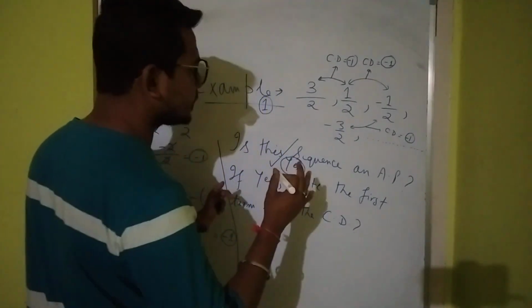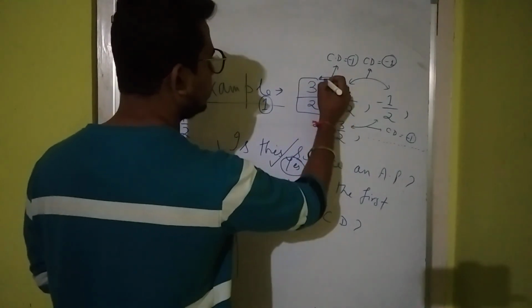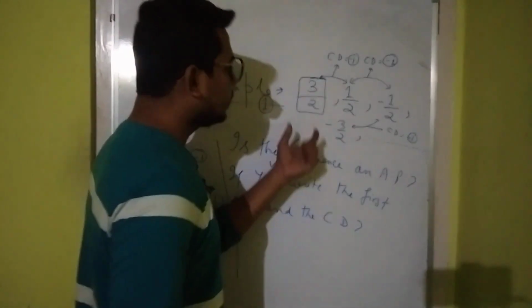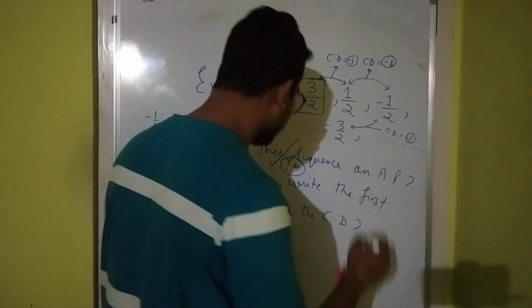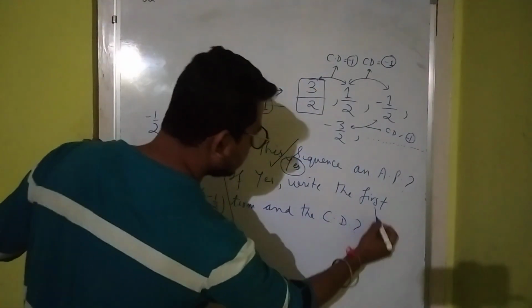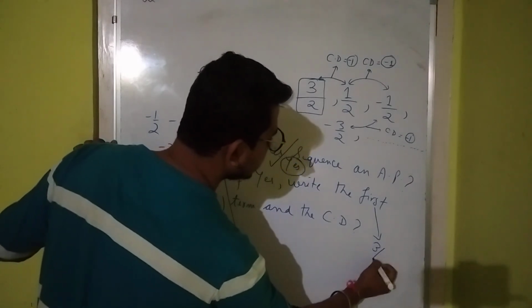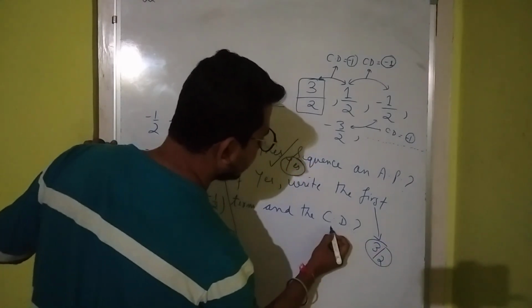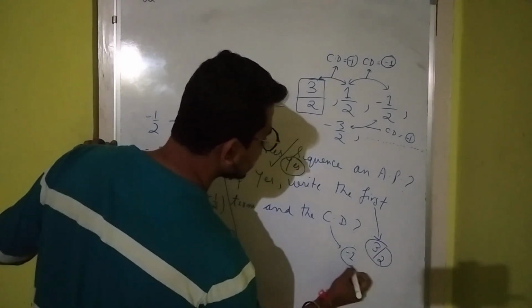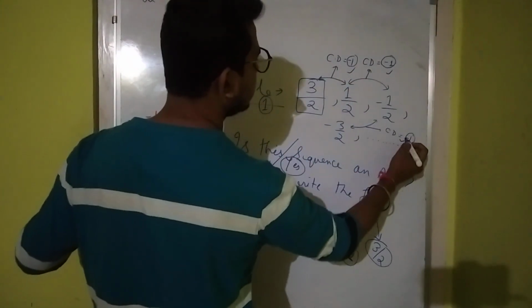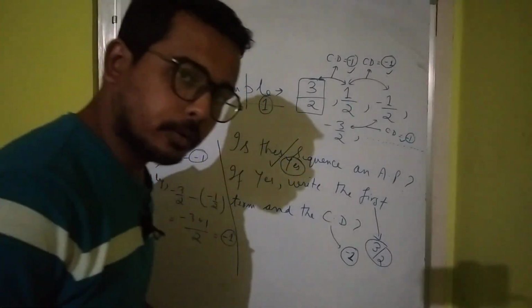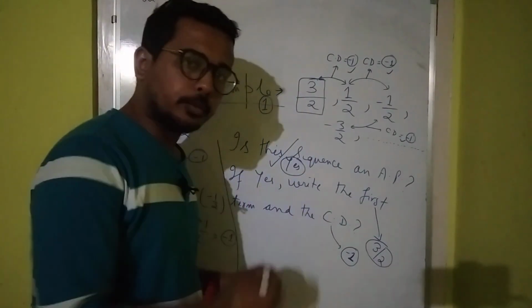And can you write the first term? First term is this term. Okay, first term का मतलब जो पहला टर्म आता है AP का वो first term होता है. So the first term is going to be 3/2 and the common difference is going to be -1, which we have found out. All right, so please note it down.